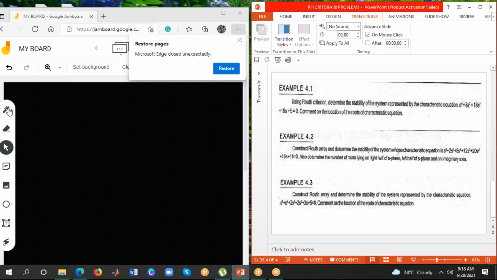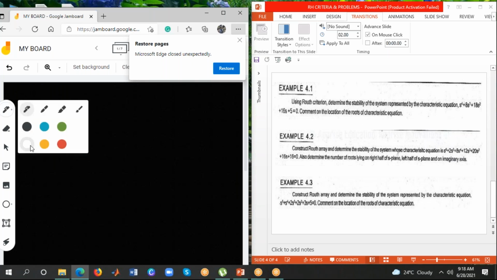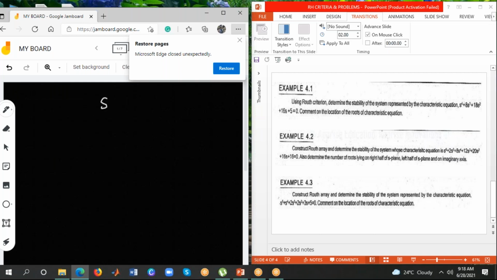So you can see the first question, that is 4.1. Using the Routh criterion, determine the stability of the system represented by the characteristic equation s power 4 plus 8s cubed plus 18s square plus 16s plus 5 equals 0.